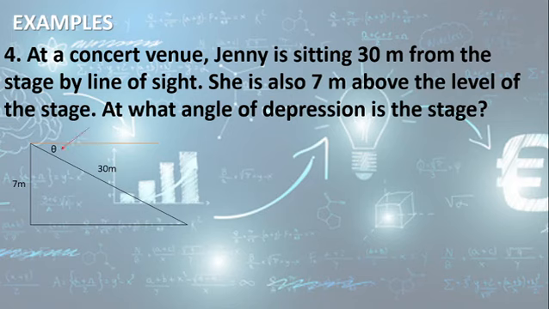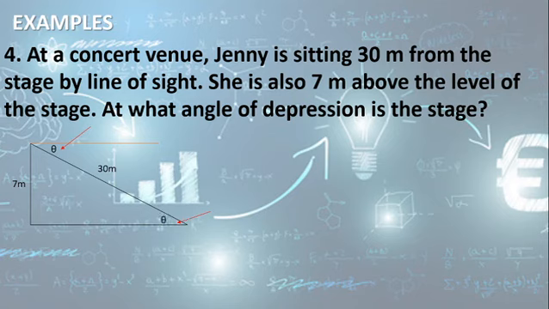If there was an actor on the stage and Jenny looked down at a certain angle to see the actor, if the actor were to look up to see Jenny, it would also be the same angle. So that angle right there, which is the angle of depression, is the same as this angle right here, which is the angle of elevation. So this is also equal to theta.